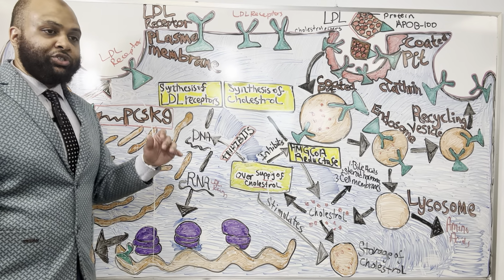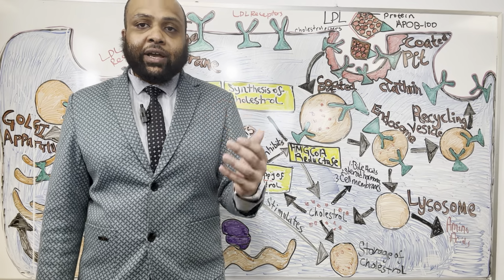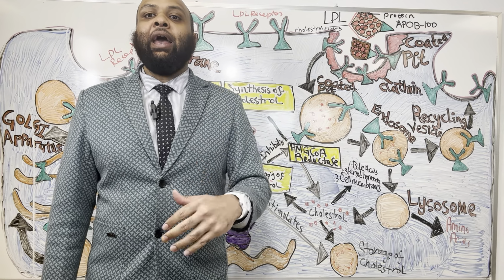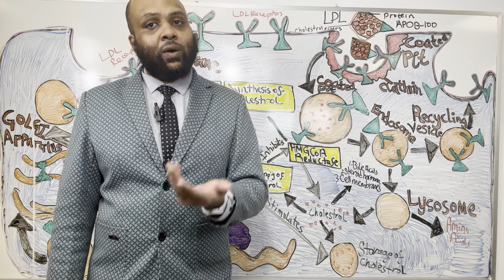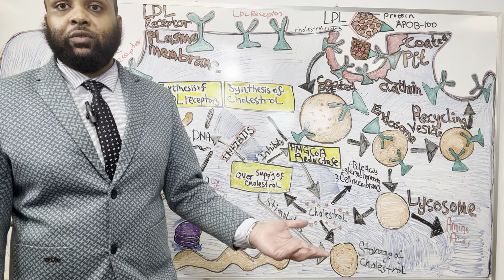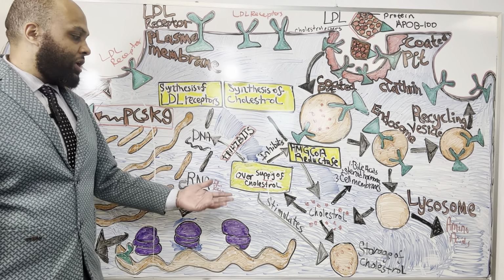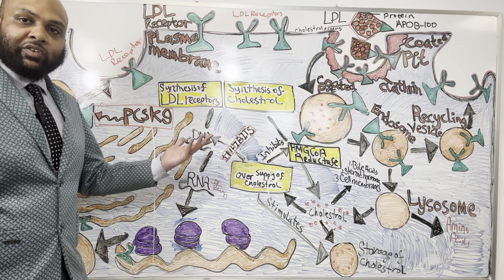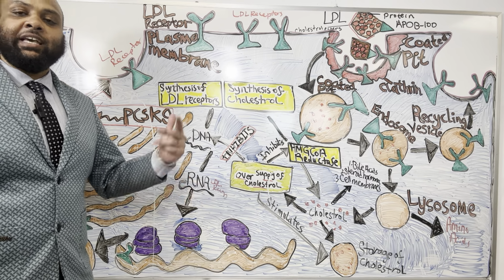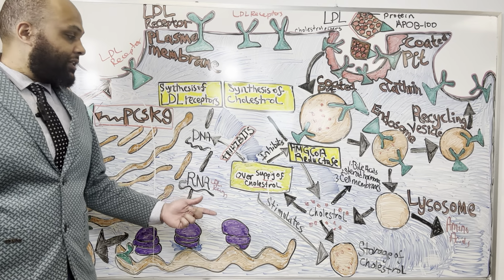If we don't want cholesterol, we would inhibit DNA transcription, because the LDL receptor in the end of the day is a protein, and you can never get a protein unless you transcribe the DNA. When you transcribe the DNA, you get RNA, and when you translate the RNA in the ribosome, you get the protein of interest. So if we want to stop bringing in cholesterol, we need to stop the transcription of the genes that will give us the mRNA that, once translated, will give us the protein LDL receptor.